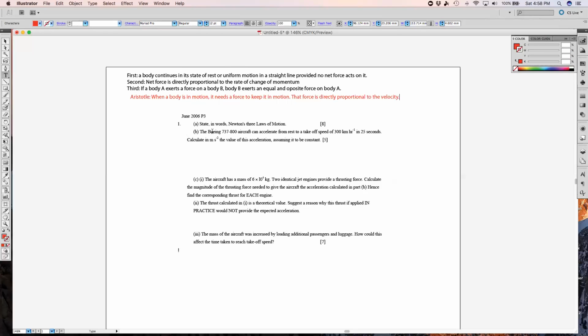Now to the question. A Boeing 737-800 aircraft accelerates from rest to take off at 300 kilometers per hour in 25 seconds. I went through the conversion in class the other day.